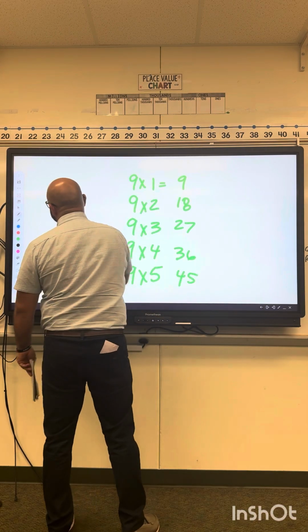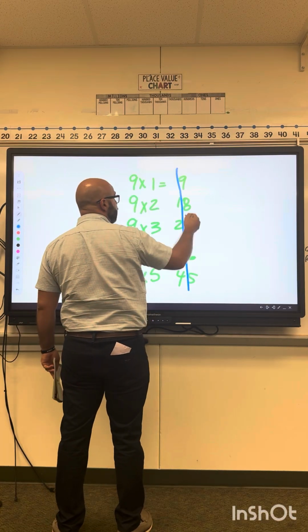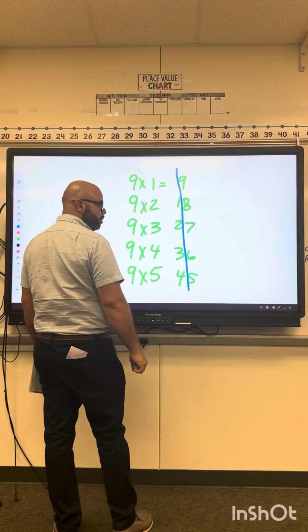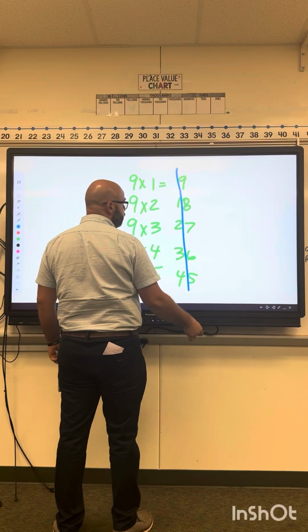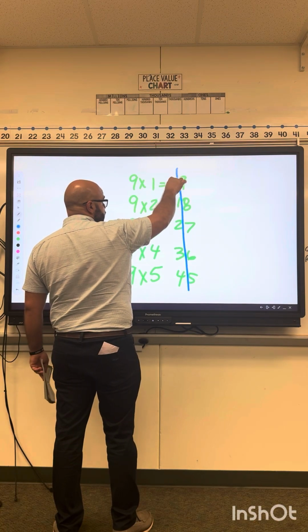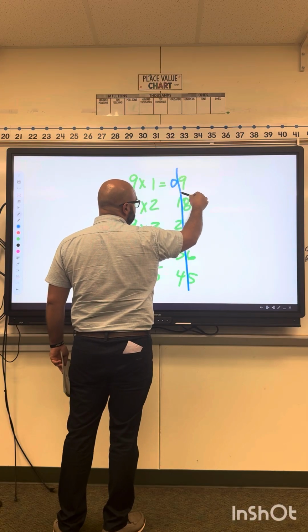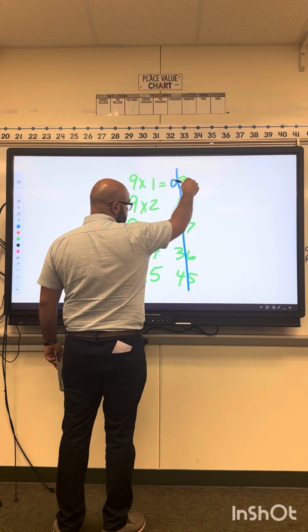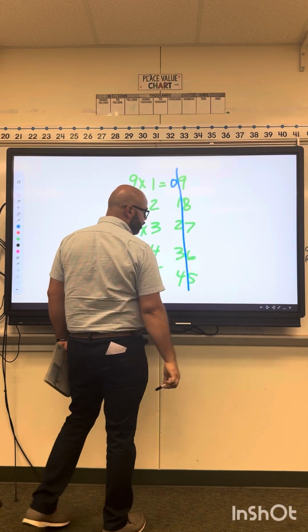If you notice, the ones place goes from 9 down to 1. It's a countdown, you see? And the tens place starts from 0 and counts up 1, 2, 3, 4, 5. So the tens place counts up, and the ones place counts down by 1.